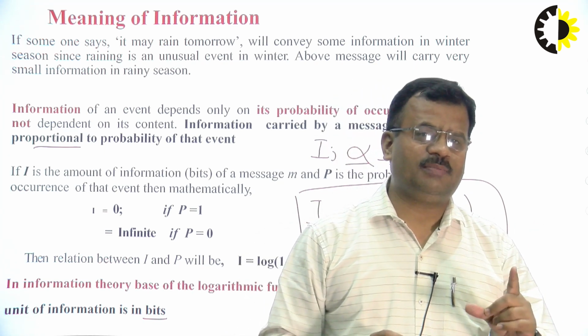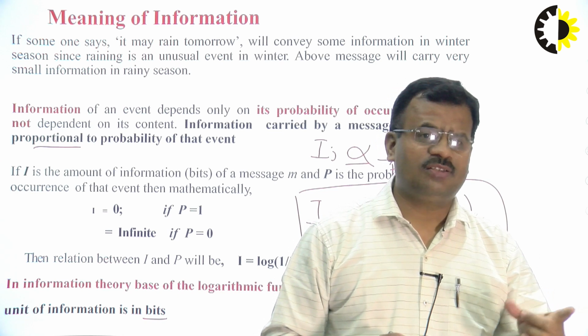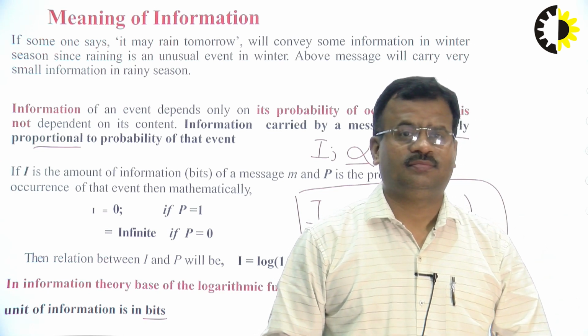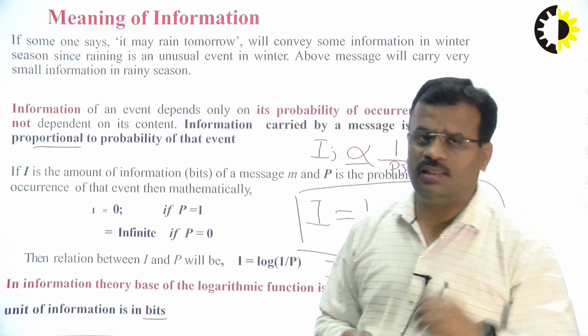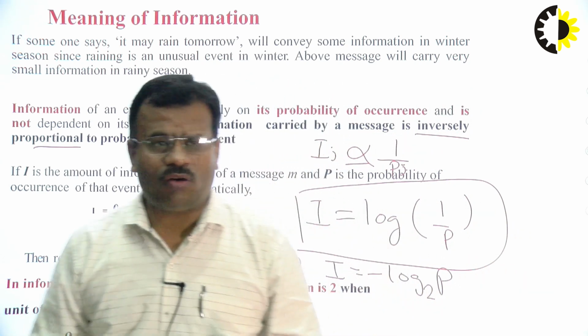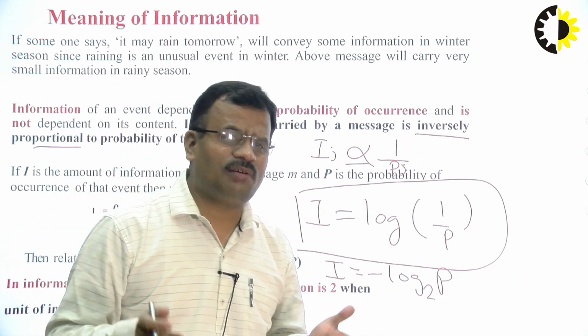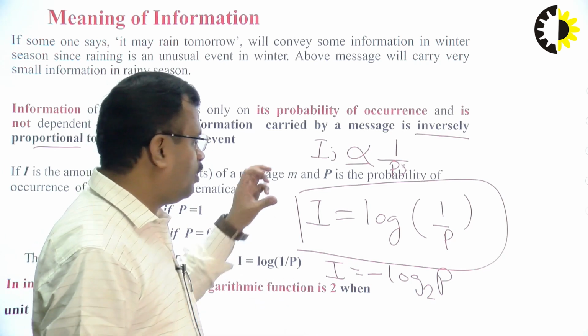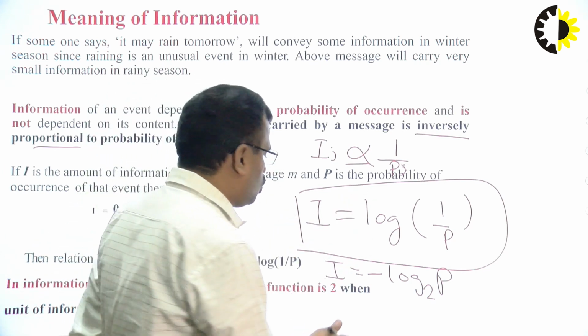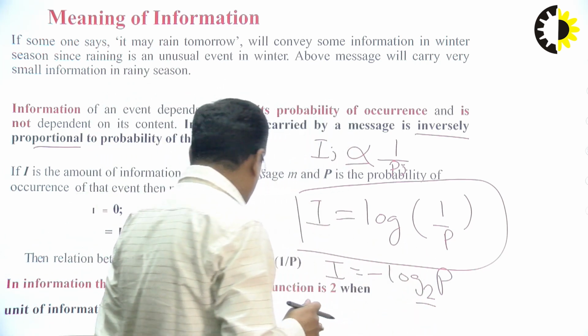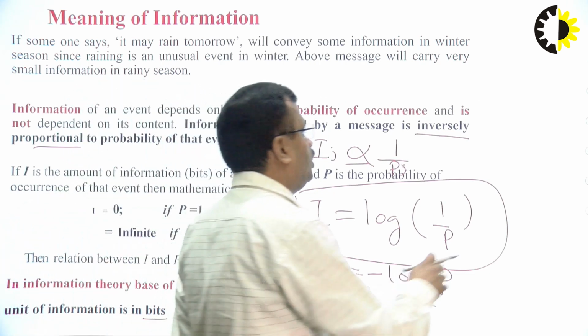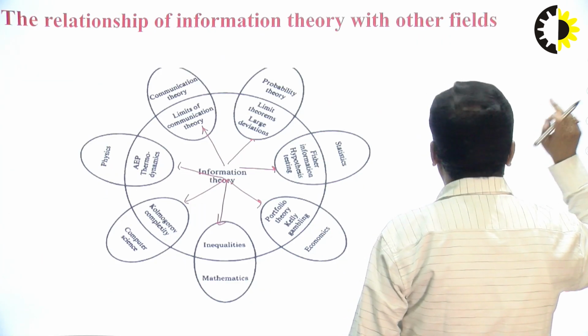If you take the base of log e, the unit will be different, that will be nats or Hartley. But generally we measure our information in bits. If you are measuring your information in bits, you have to take log of base 2. You have to keep that in mind.